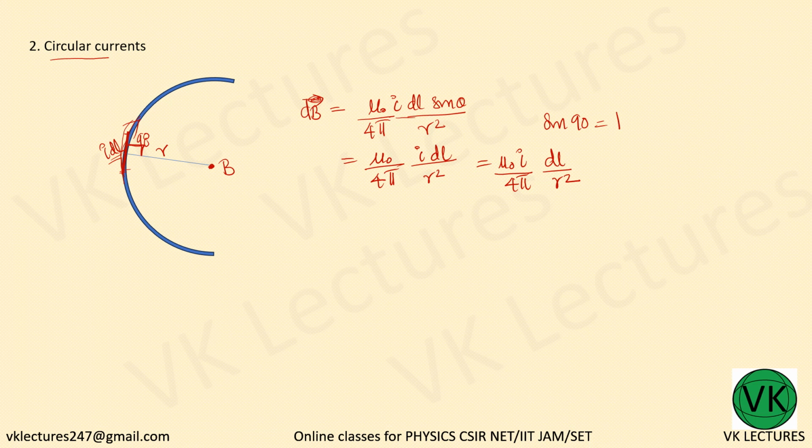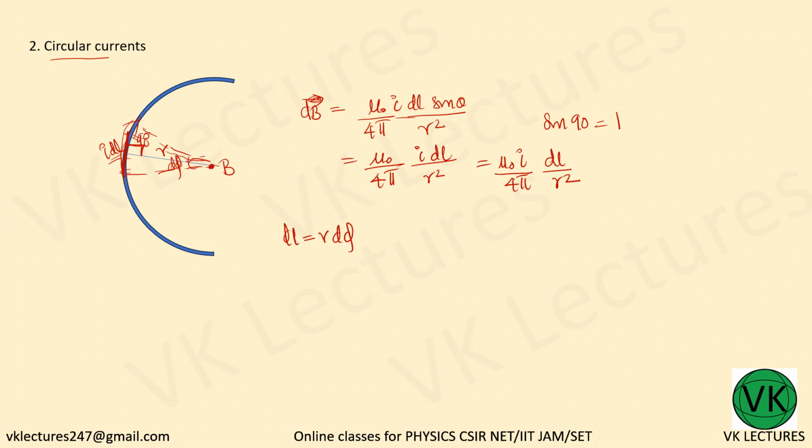So dl can be represented as r d phi, because this is the radius r and this is the angle d phi, so the arc length is dl equal to r d phi.